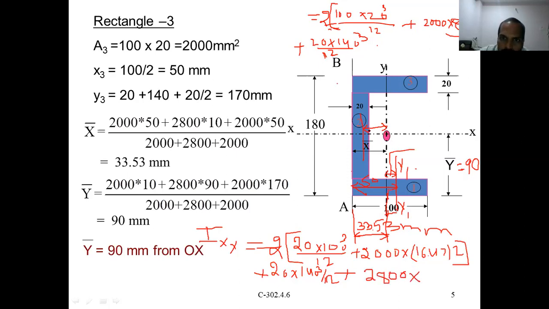Now let us see the h. From here to here it's 33.53, but I want only from here to here. If you know this distance, you can calculate that distance. We know this distance is 20 by 2, because the rectangle's centroid lies there, so this is 10. Here to here it is 33.53, so 33.53 minus 10 is nothing but 23.53.